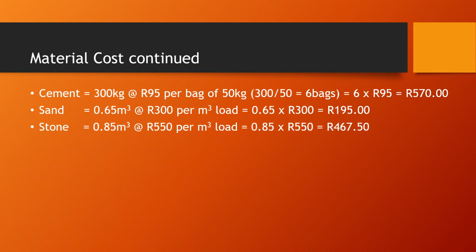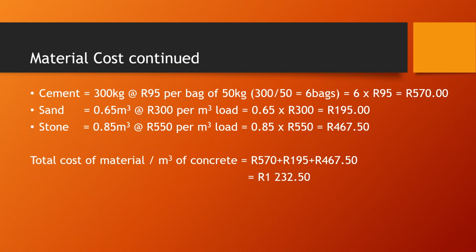Your stone, the quantity of stone for 1 cubic meter of concrete is 0.85 cubes, which is about 2.5 to 3 wheelbarrows. If we assume that the cost for 1 cubic meter of stone is 550 rand, you will have 0.85 times 550, which is 467 rand 50 for that.